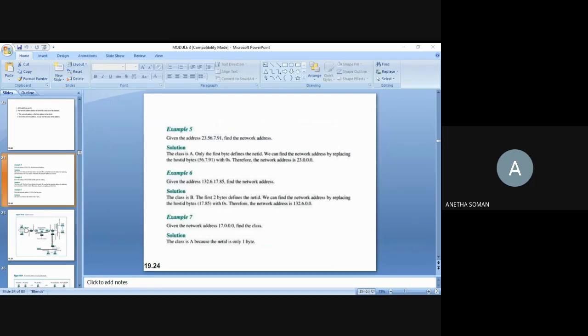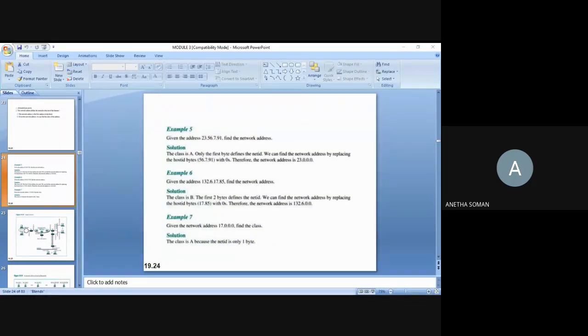I have told you the disadvantages of classful addressing. When you are considering class A as well as class B addresses, much of the addresses are wasted. And when you are considering class C, it is not able to provide sufficient addresses to the organization. So those are the disadvantages of classful addressing.